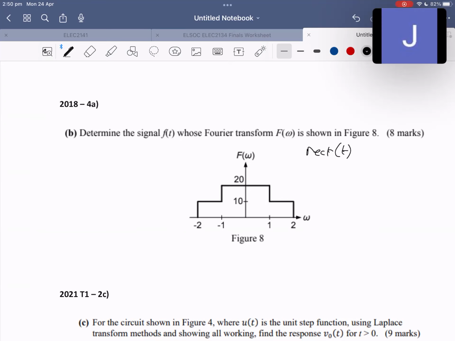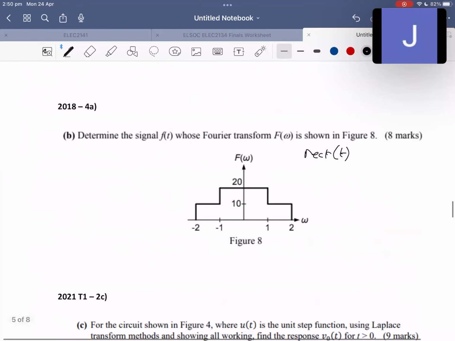Both methods work. One of them is a bit quicker, because if you look at the Fourier transform table, it should have what the transform of a rect function actually is. I'll go through both ways just because I think it's more helpful to show both ways so that you can understand it a bit better.